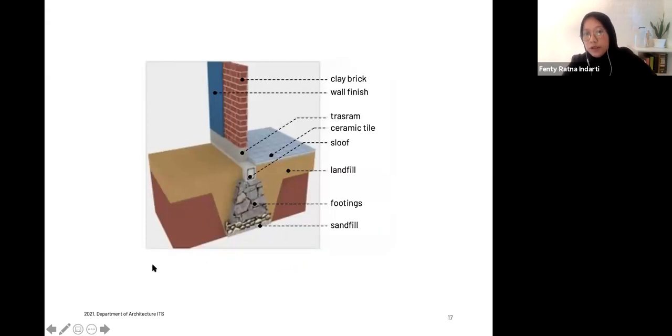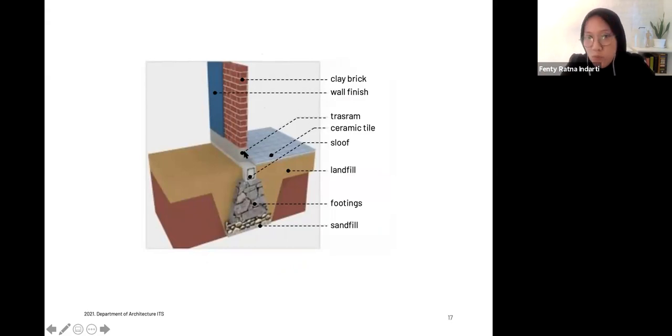This is what it looks like in a section, an axonometric section. Usually in common practice, we use clay brick, made from clay, and then we have the wall finish. When you take a look at the down part here, there is something called trasram in Bahasa.